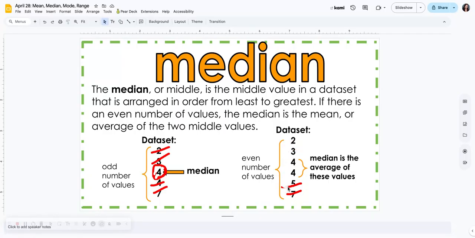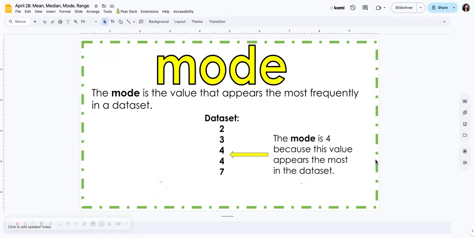In this case, we would do 4 plus 4, and that would give us 8. Then I would divide by 2 because I added 2 numbers. So I would end up with 4. So my median would still end up being 4, but I would have to do something a little extra to get it. The crossing out trick won't work if you have an even number of values. It'll only work for odd.